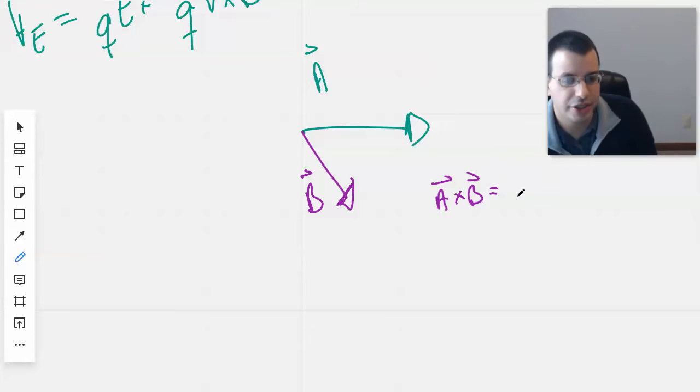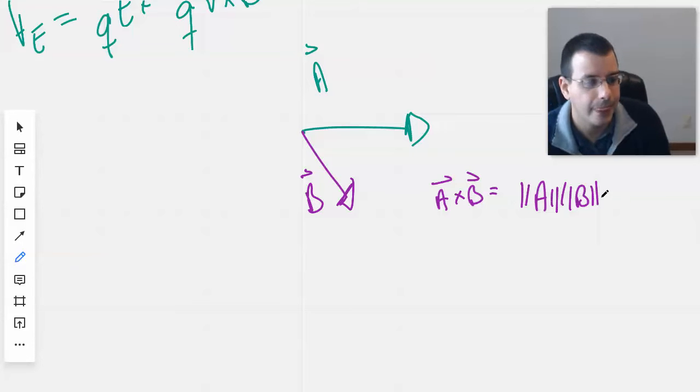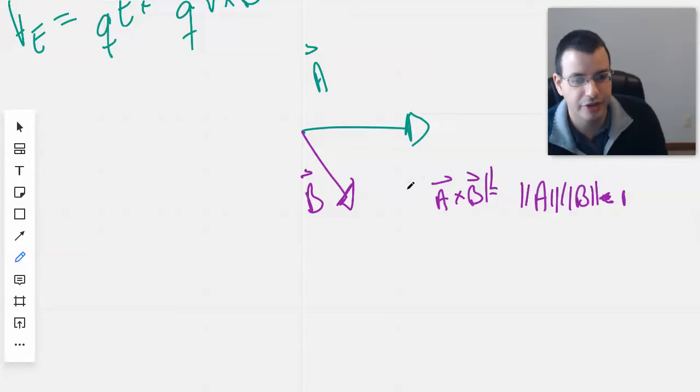The magnitude is going to be the magnitude of A times the magnitude of B. Those little lines are kind of like absolute values; they mean magnitude. So the magnitude of A cross B equals magnitude of A times magnitude of B times sine of theta.